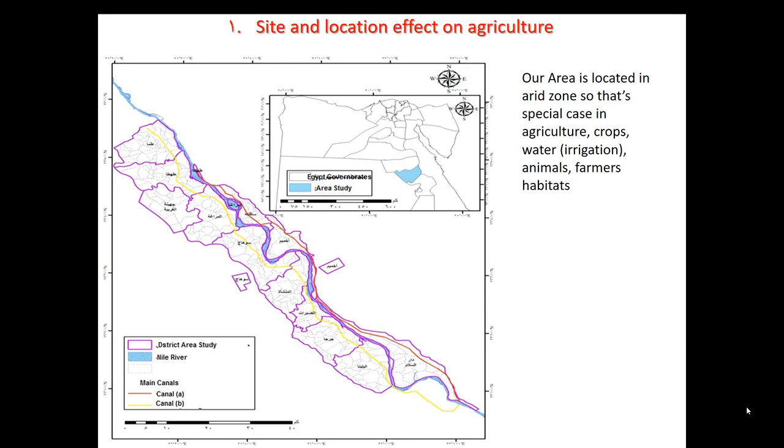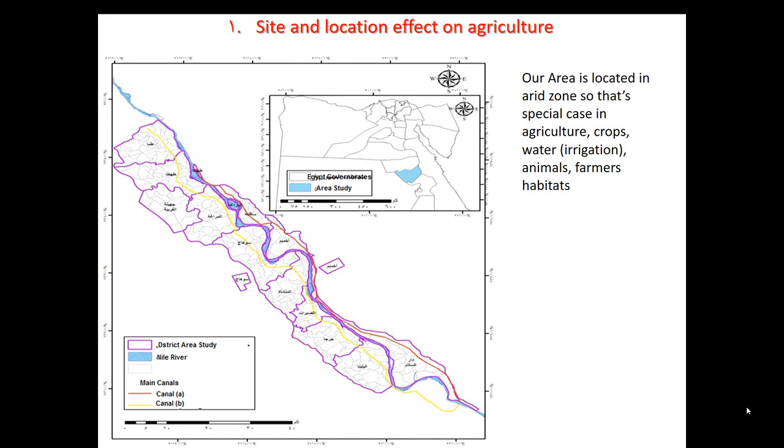Our area is located in an arid zone, so it is a special case in agriculture, crops, water, irrigation, animals, and farmers' habitats. Our area is divided into 12 districts, 3 on the eastern side, while 9 on the western side, divided by the Nile River.